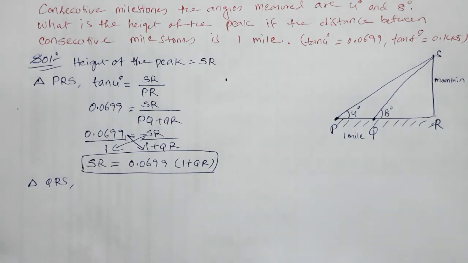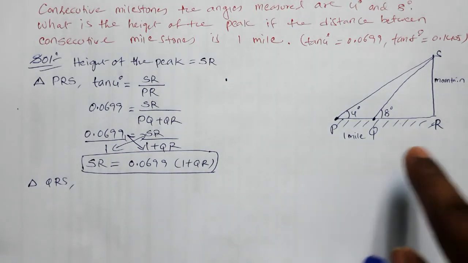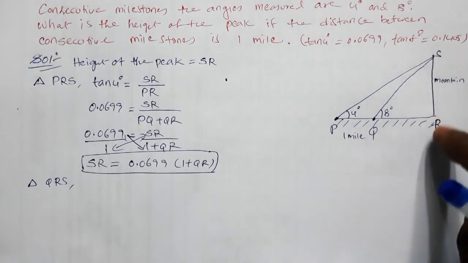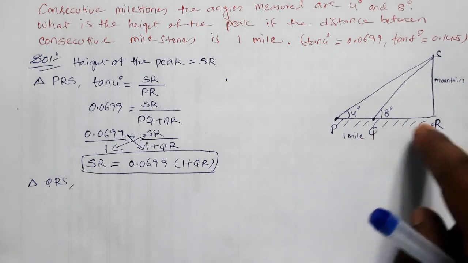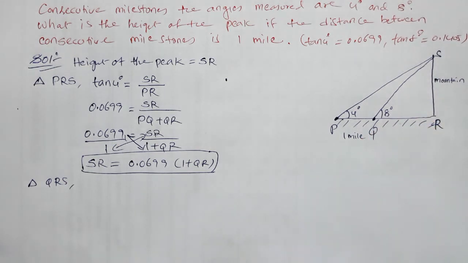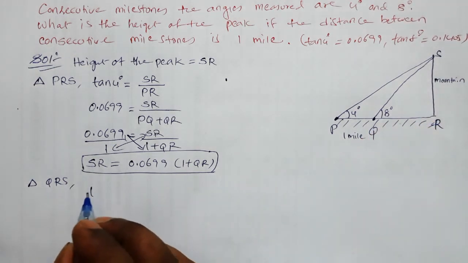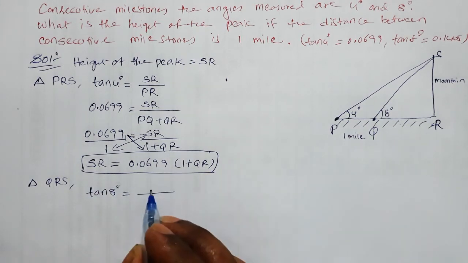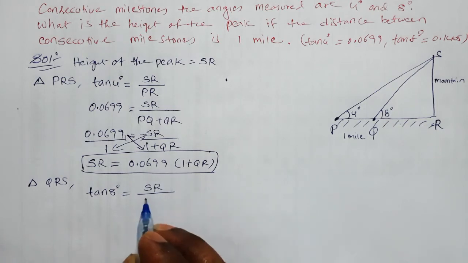In triangle QRS, SR is opposite and QR is adjacent. So we take tan 8 degrees equals opposite SR over adjacent QR.